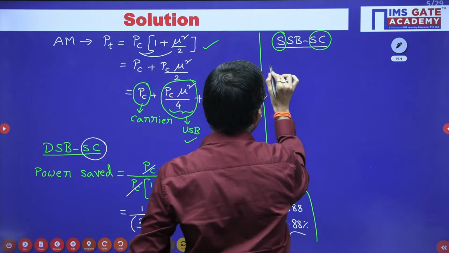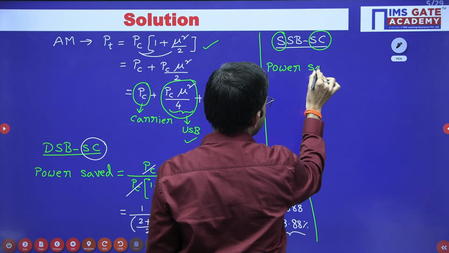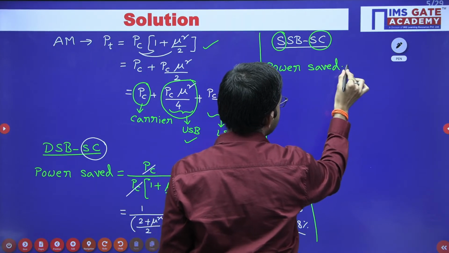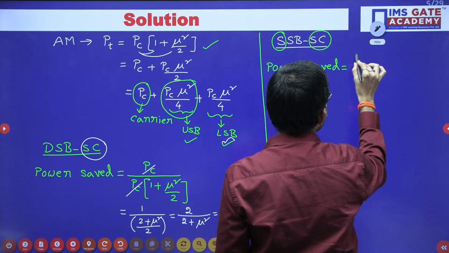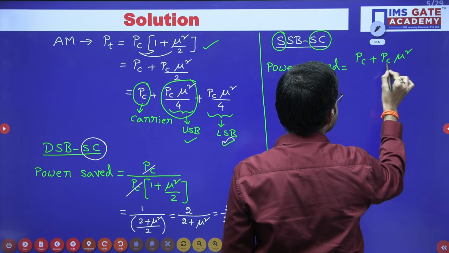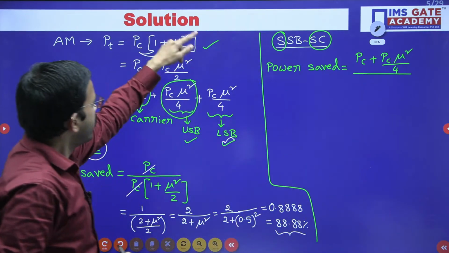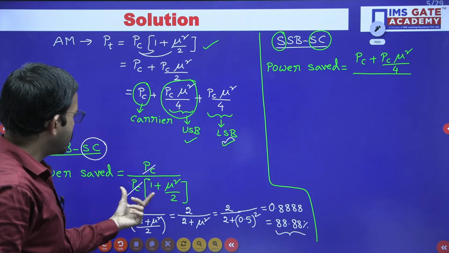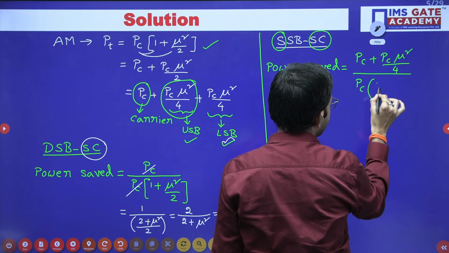So here power saved equal to PC plus PC mu square by 4, divided by total power required for AM, same. Whatever denominator you have considered, same thing: PC into 1 plus mu square by 2.